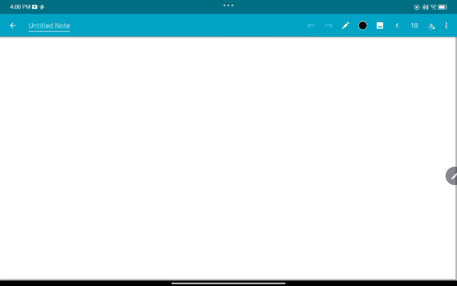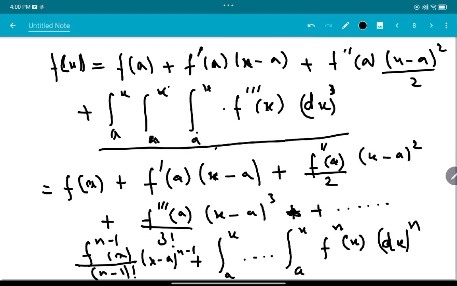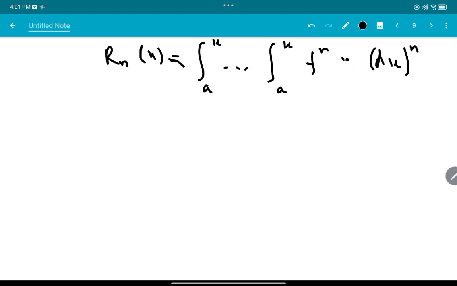Yes, we had to divide it by n factorial. We have not actually integrated it. We simply write it like this, f n x into dx raised to n. You should not write anything else here. So this we call the remainder.